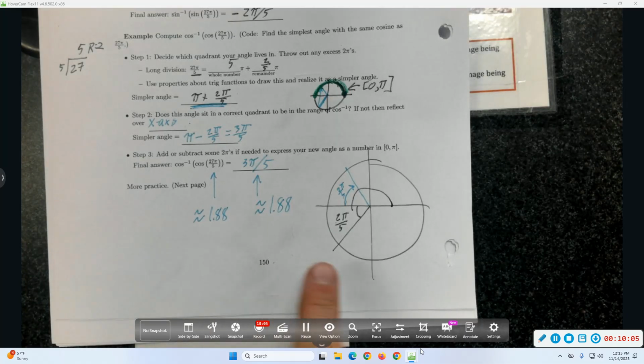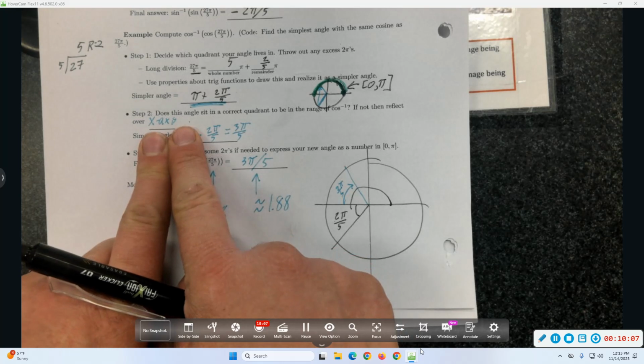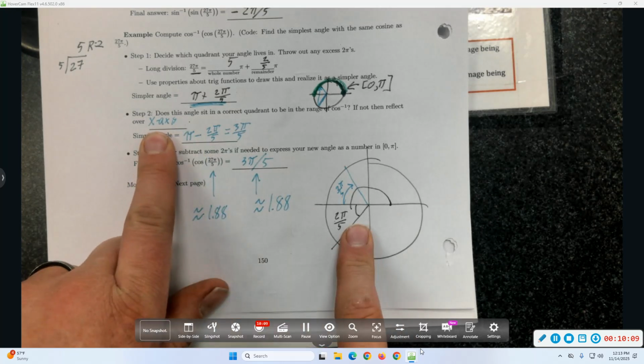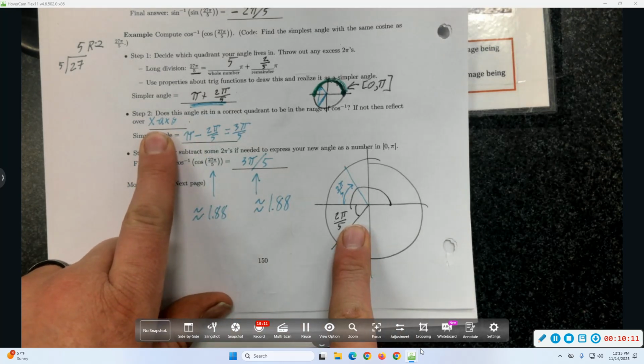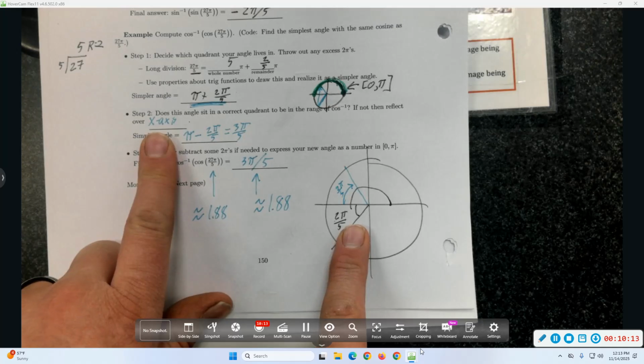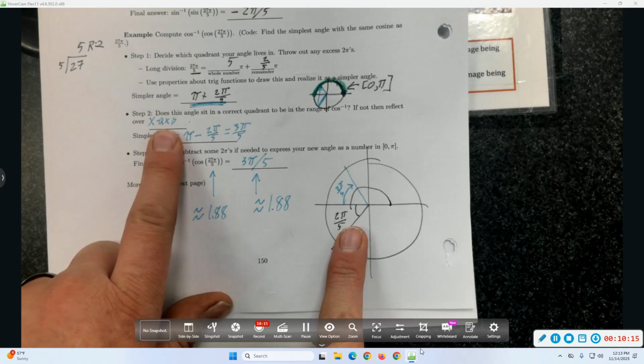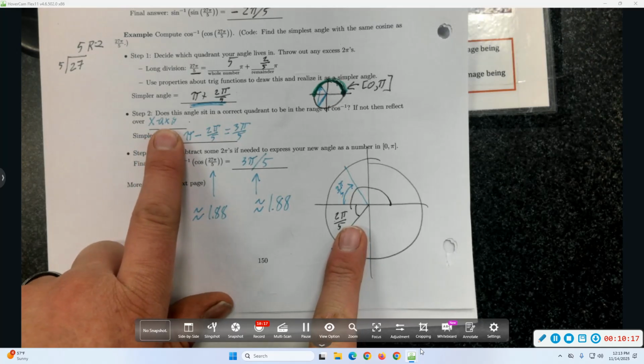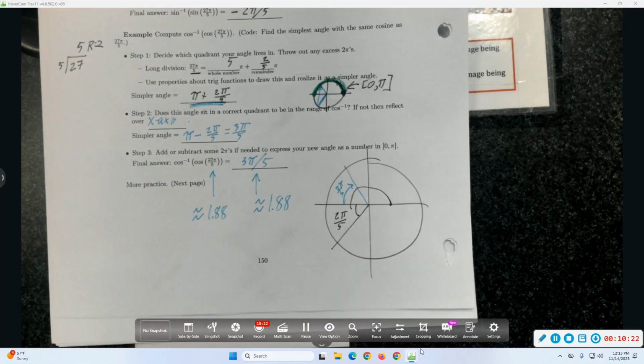So I'm also going to use an alternative plan to this, which was a good plan. It was picture-based, and it was actually simpler than what I'm about to do. If you want to reflect over the x-axis, one way of doing that is just making the whole angle negative. If you reflect up or reflect down, those differ by reflection over the x-axis.